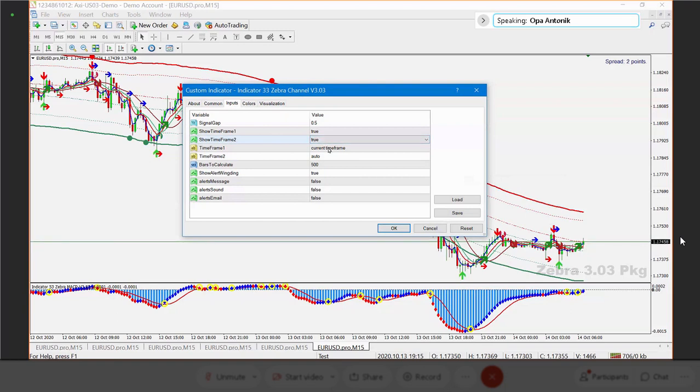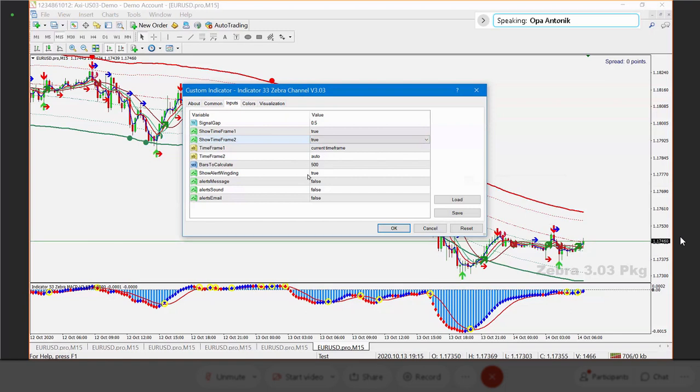It's going to use the current time frame, which is 15-minute, and then time frame 2 is going to automatically go to the next appropriate higher time frame. In one of our previous sessions, you saw the entire time frame chart and how things worked out, so look back and get that information.